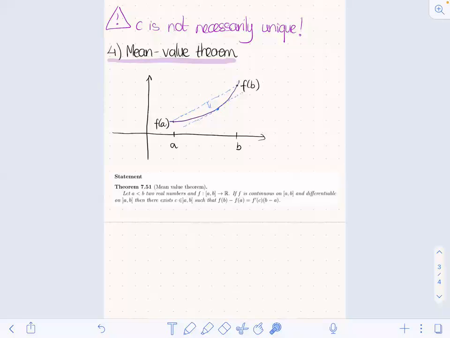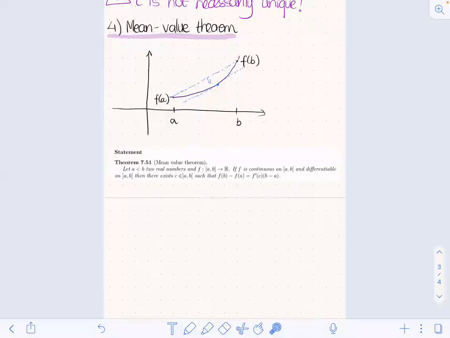The mean value theorem is quite useful in maths. One of the uses is that if you're ever trying to express f of B minus f of A for some ugly function, sometimes you can use this if your derivative is nicer than the function itself.